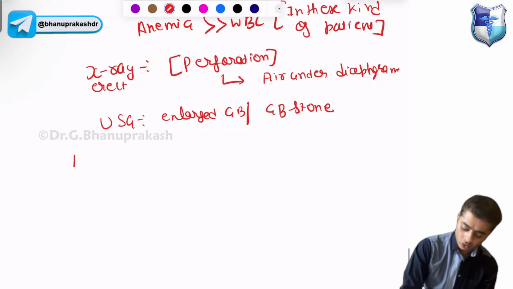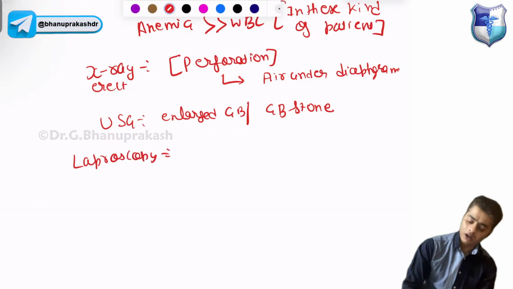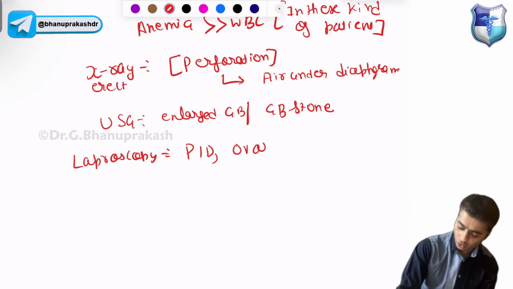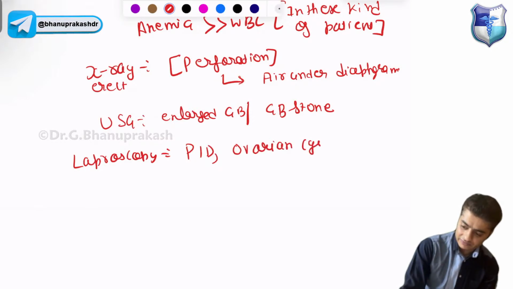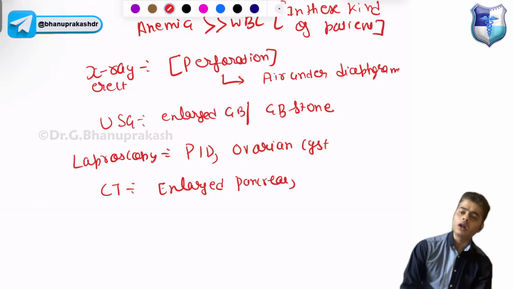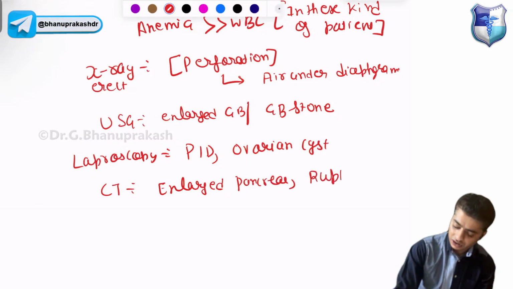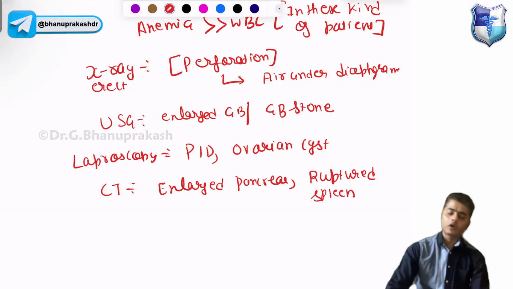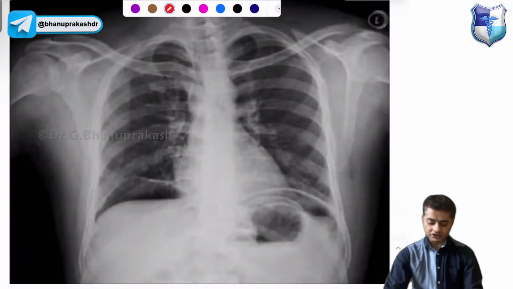Okay. You can do laparoscopy for pelvic inflammatory disease and ovarian cyst, and a CT scan for enlarged pancreas or any ruptured spleen. Okay, you can do all these kinds of investigations.